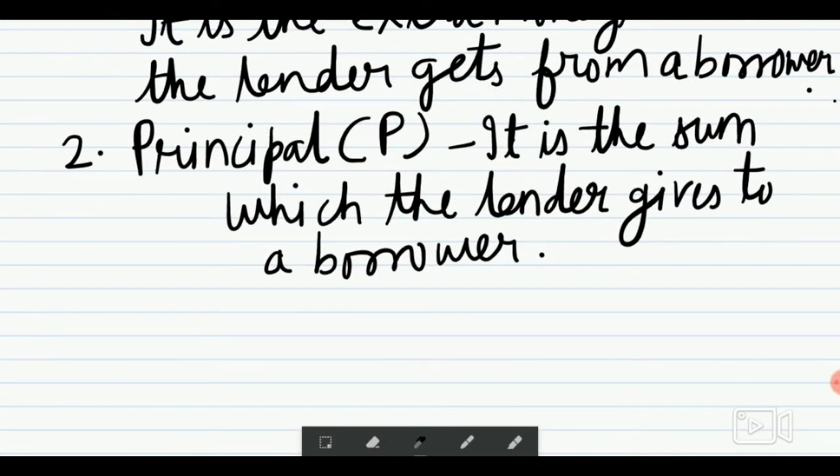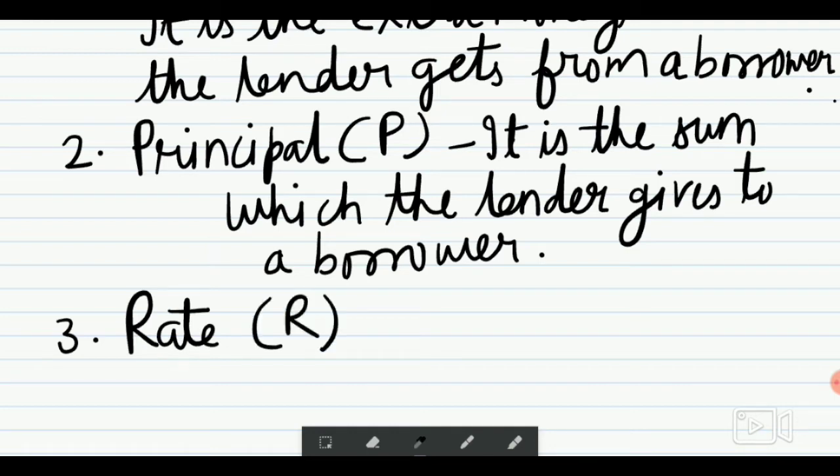This is principal. And the third term we are using is the rate, or rate of interest, and we denote it as capital R. So what is that?